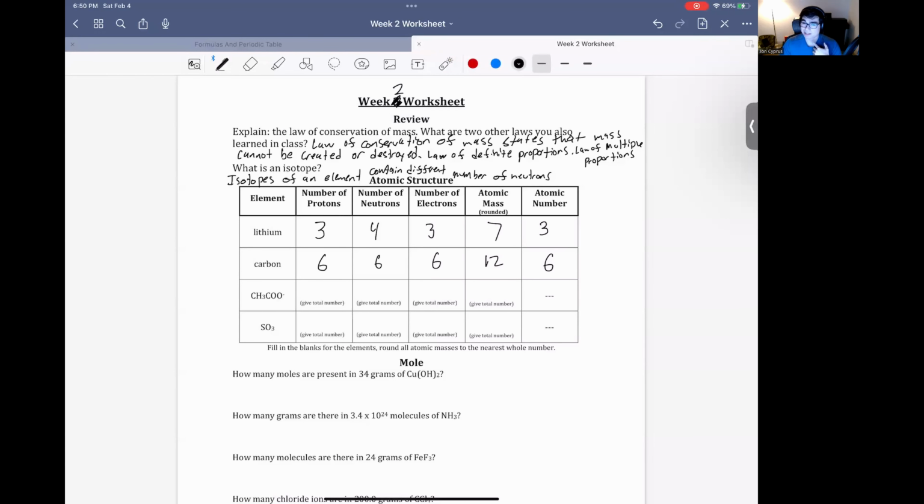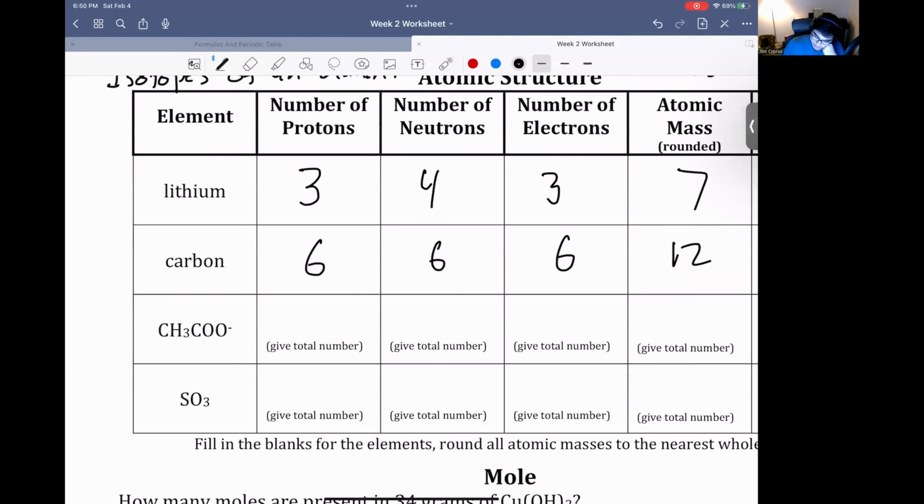So we're going to just add these all up. To condense this a little bit, I'm going to write 2 times 6 for the carbons, plus 3 times 1 for the hydrogens, since each one has 1 proton, and for the oxygens, 2 times 8.